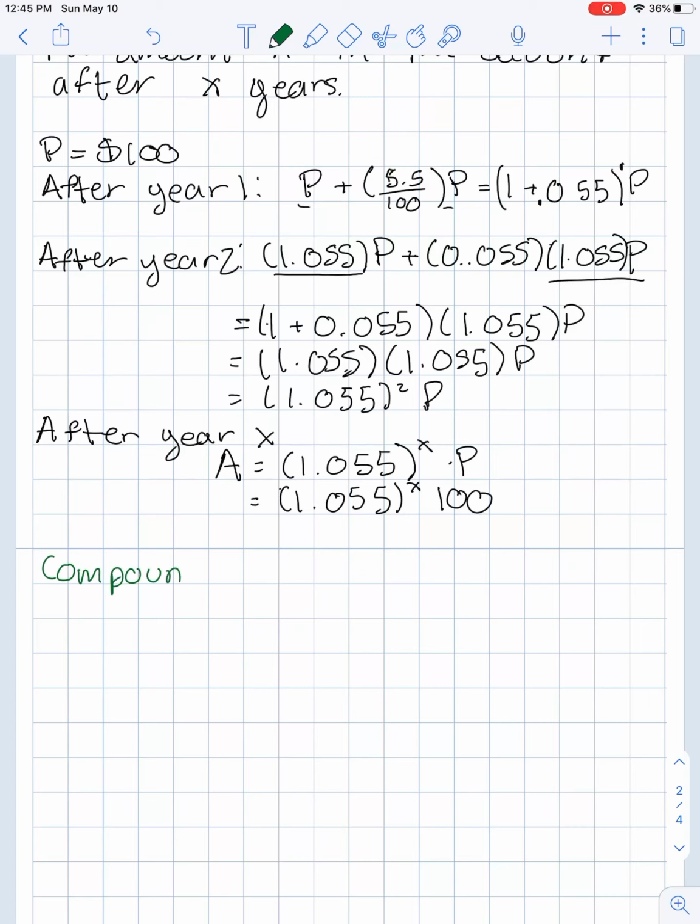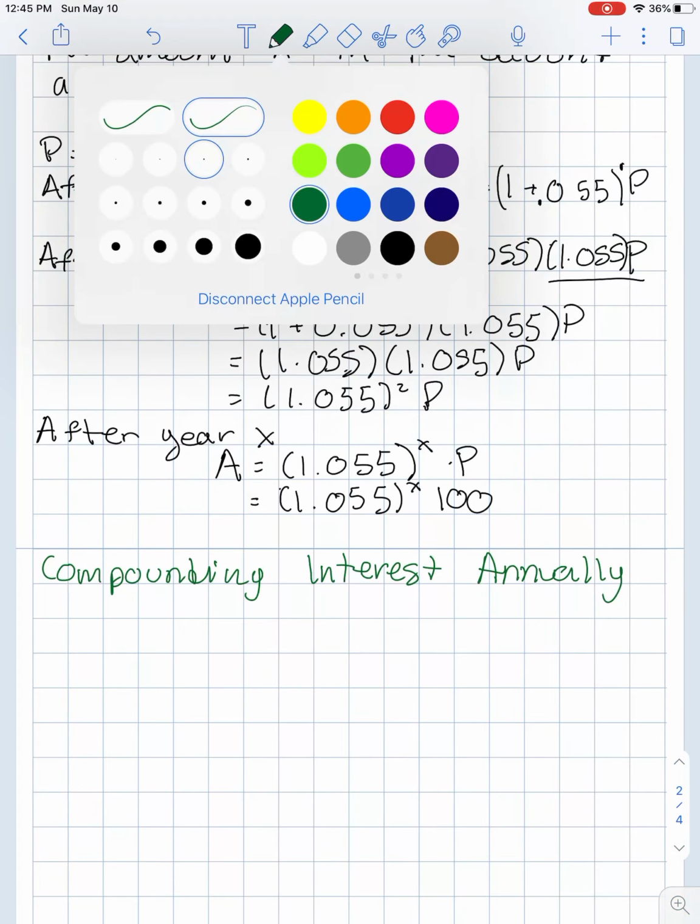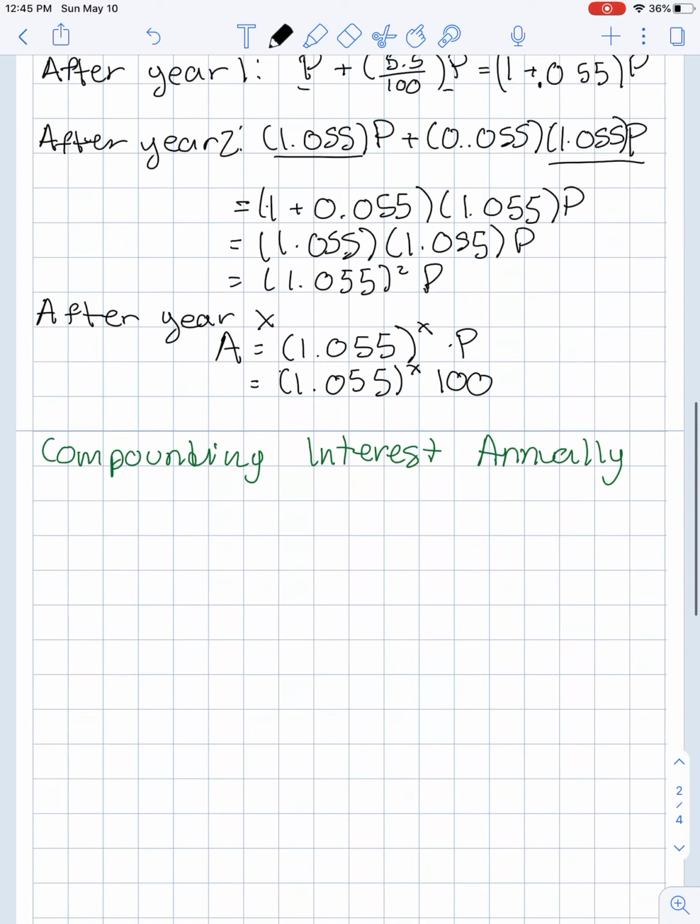So for compounding interest annually, we can write a general function.